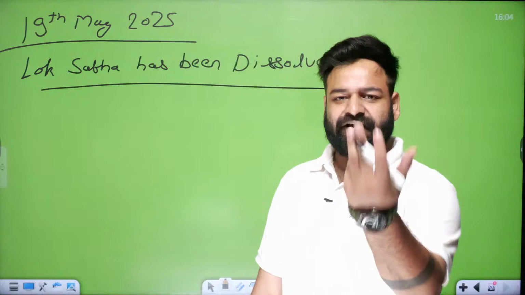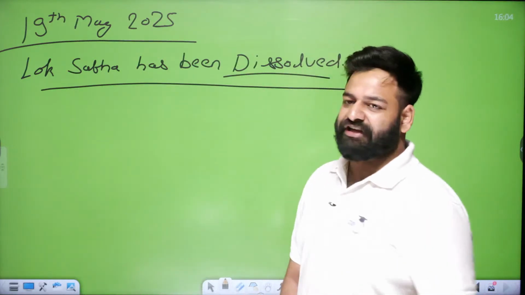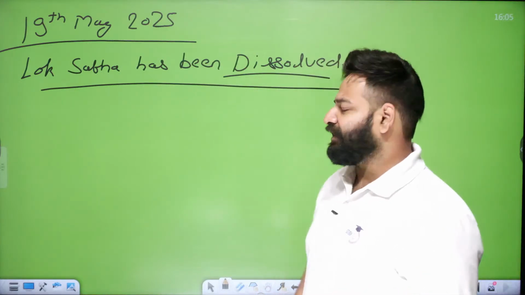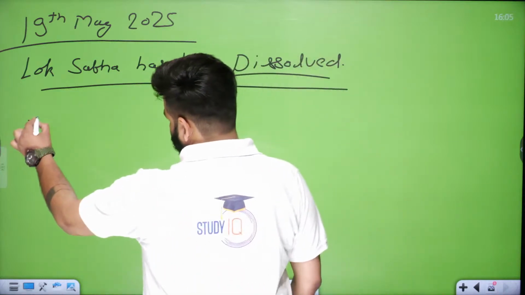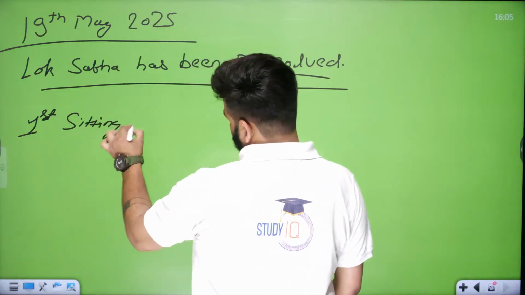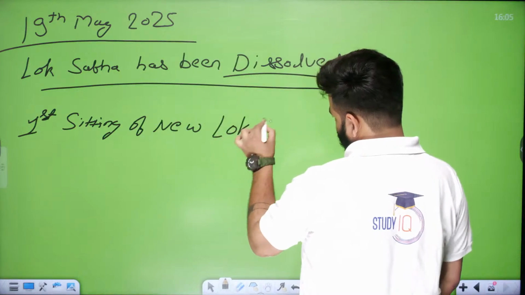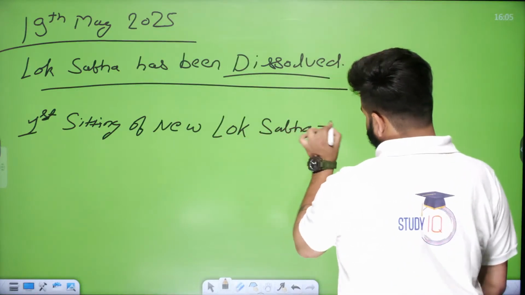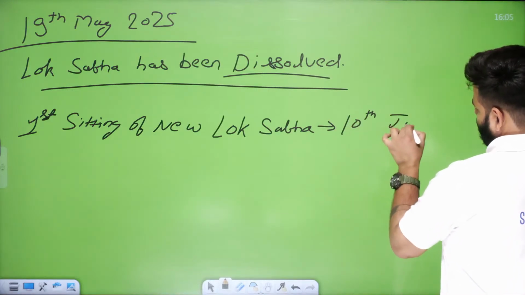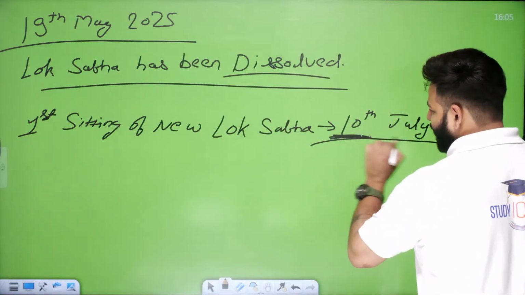Let's say, for instance, after the dissolution of the Lok Sabha, fresh elections have happened and the new Lok Sabha has been constituted, and its first sitting takes place, for example, on 10th of July.